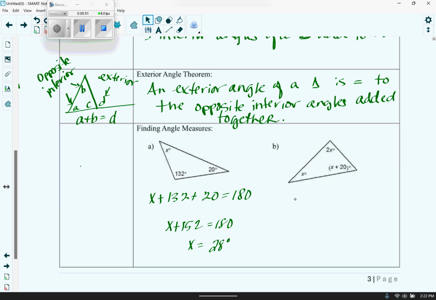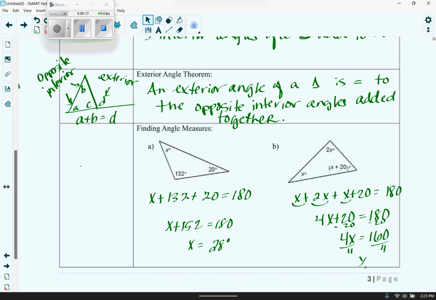The next one is similar: x plus 2x plus x plus 20 equals 180 degrees. Remember, you have to combine your x's, so x and 2x and 1x gives me 4x plus 20. So 4x equals 180 minus 20, which is 160. Divide by 4 on both sides, x is equal to 40.